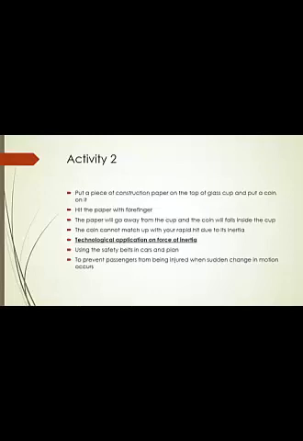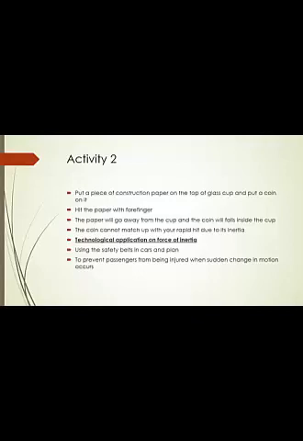Why? Because the coin cannot move with the paper due to its inertia. It tries to keep the state of resting, but as an effect of inertia, it will fall down into the cup of water.